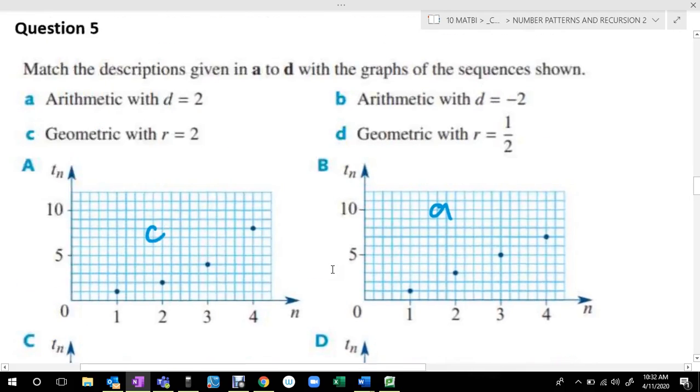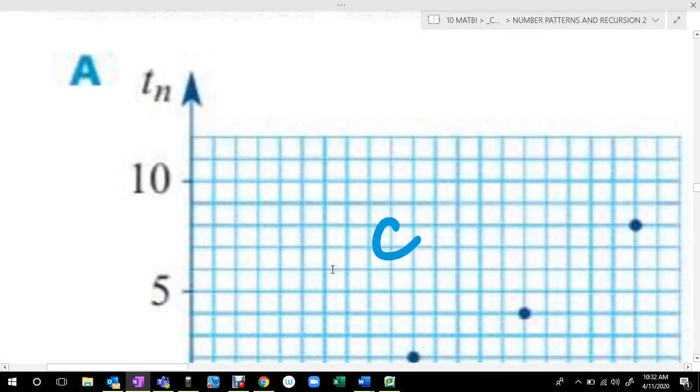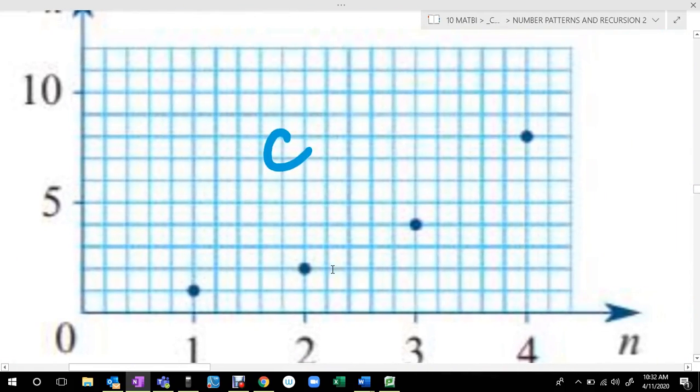You kind of have to zoom in a little bit to see it properly, where you can see that to go to the next number, 1 to 2 is plus 1, but then on the third number, you're at 4, it's doubled, so it's plus 2, and then from 4 you've gone all the way up to 8.